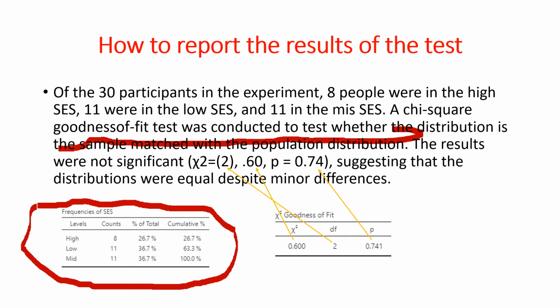And then we have another thing here, which is called degrees of freedom. Degrees of freedom in this test is always the number of levels in your variable minus 1. So you have 3 levels, and minus 1 it will become 2. So it's a bit complicated concept. I don't want to talk about it now, but yeah, we have 3 pieces of information, and we also present it here like this.